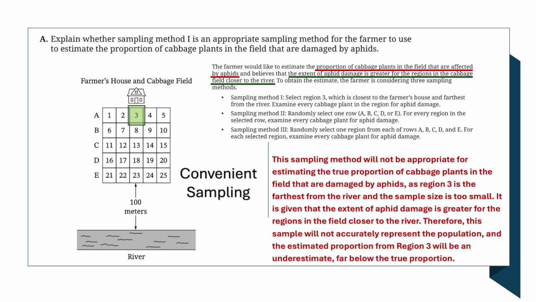The proximity to the river, because region number 3 is farthest from the river, and the sample size is also too small. It is given that the extent of aphid damage is greater for the regions in the field closer to the river. Therefore, the sample will not accurately represent the population, and the estimated proportion from region 3 will be an underestimate, far below the true proportion.